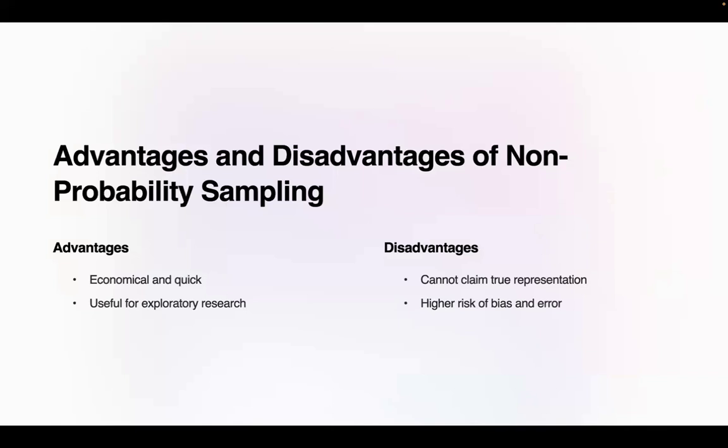Okay. Now the disadvantage is that it cannot claim true representation because it involves the bias of the researcher, and there is high risk of bias and sampling error as well. It depends on how objective the researcher was while defining the criteria.